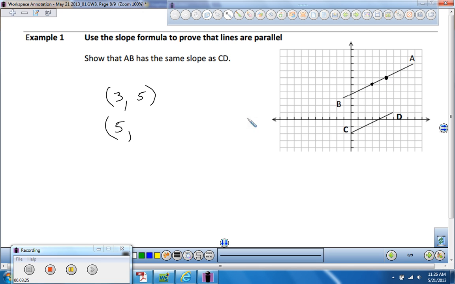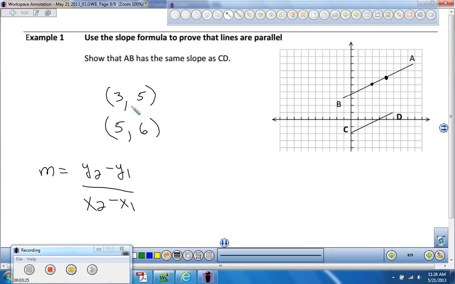Now you can do rise over run if you know how to count the boxes, which would give you the same answer. But I'm going to use the slope formula: y2 minus y1 over x2 minus x1.